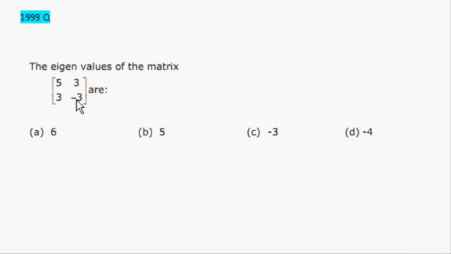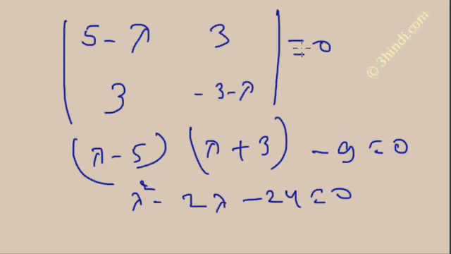The eigenvalues of the matrix, you have to find the eigenvalues. The method is to subtract lambda from the diagonal elements and make the determinant equal to 0. This is the characteristic equation.